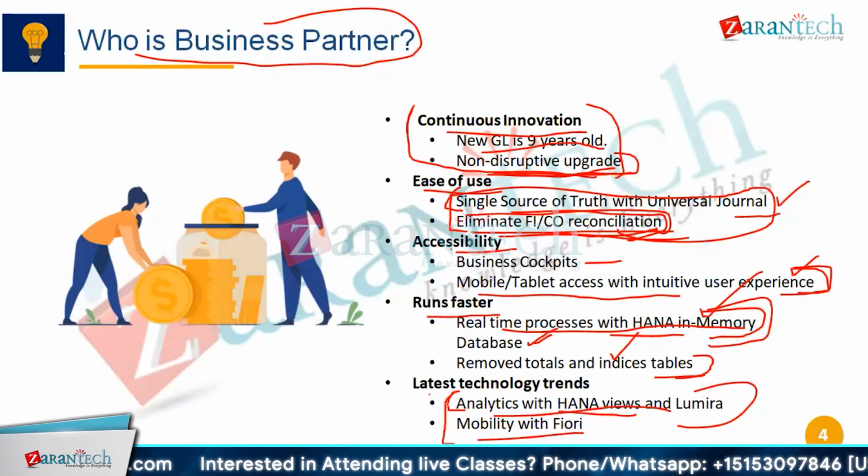Latest technology trends, analytics with HANA views and Lumira, mobility with Fiori. Okay. So HANA views are basically built by the BW consultants, and we can do the analytics on top of those HANA views. Hope you guys all understand the difference between views and tables, right?